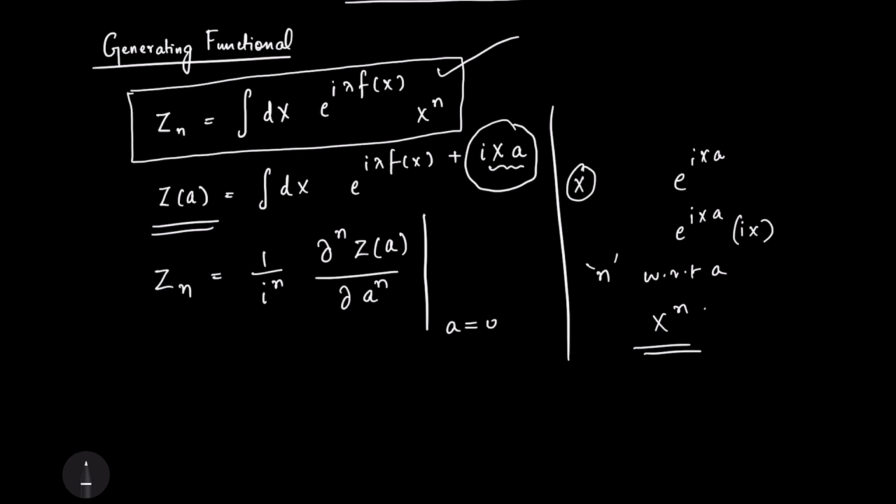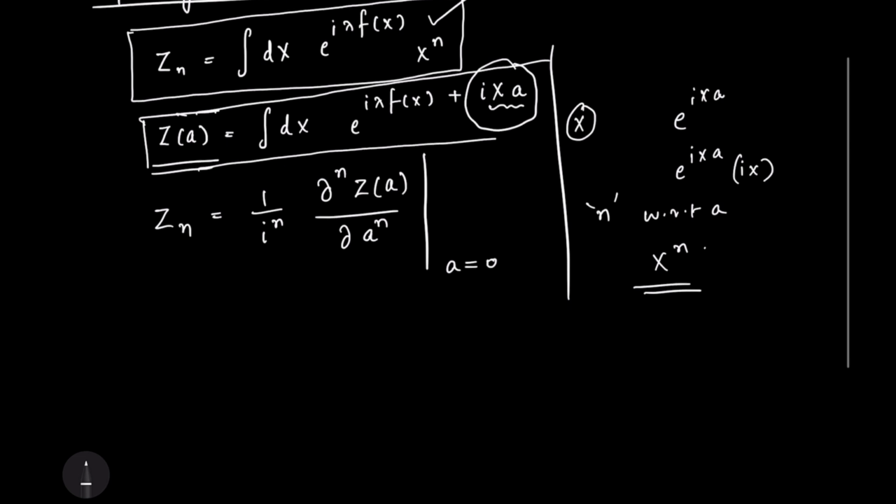So in one dimension, if I want to evaluate this integral, then I have to consider Z of a, which is given by this expression, and I have to take n derivatives and finally put a equal to 0 so that I can get rid of e raised to i x a and get the integration done.